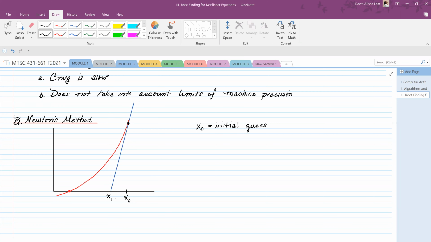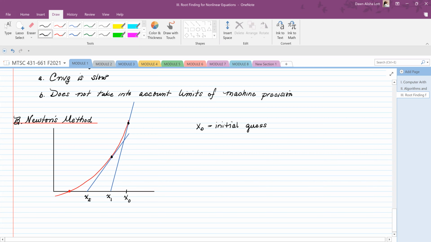But as I check, f of x_1 is not 0. So I'm going to go back up to my curve. Here's f of x_1. And then I'm going to find the tangent line to that. And again, I'm going to ride out through the tangent. And I bump into this point, x_2.